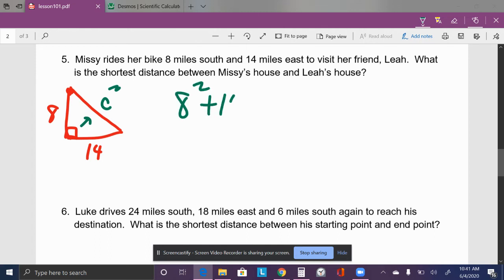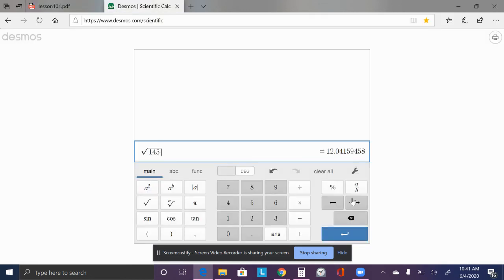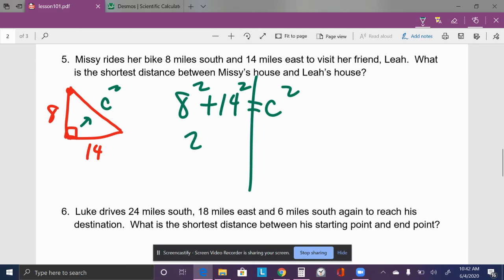So again, we use my Pythagorean theorem. 8 squared plus 14 squared equals c squared. Use my calculator. 8 squared plus 14 squared is 260. Don't forget the square.